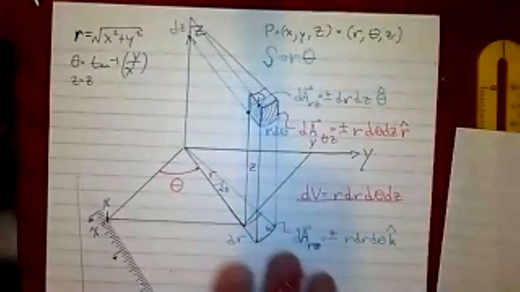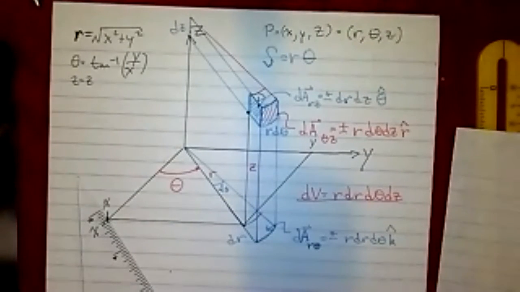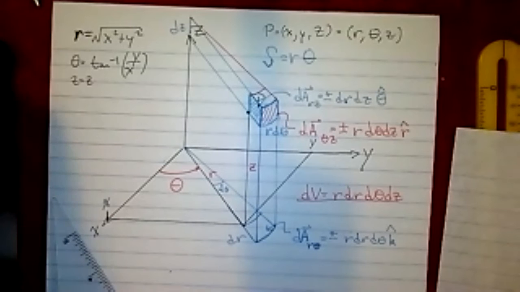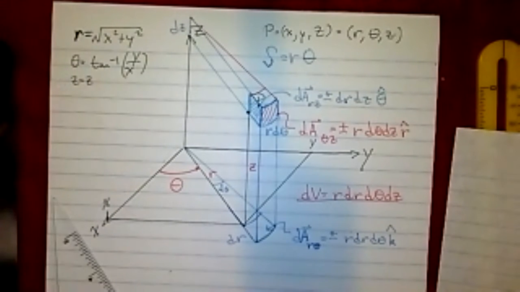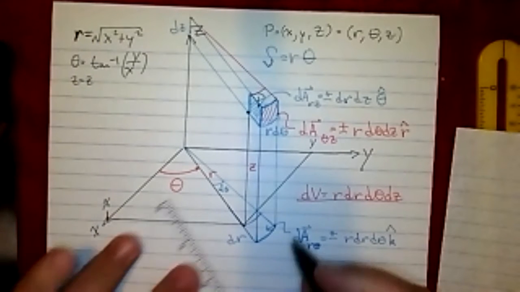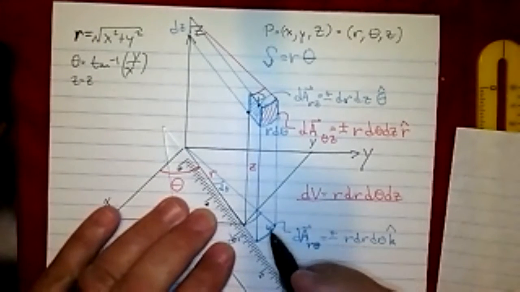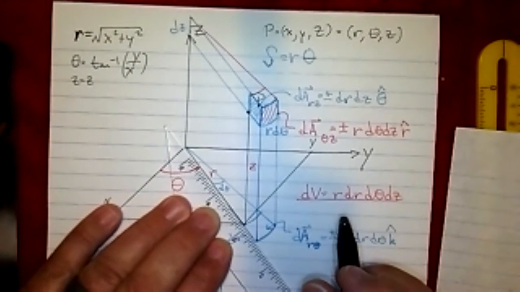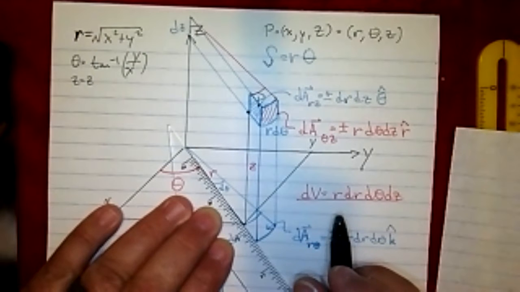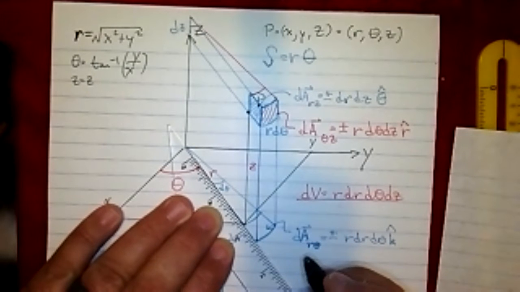Now we've got the dAs, we've got the dV. Now all I need to do is work out the actual unit vectors. So what I'll do is I'll use my black pen, and remind you that r hat will point in the direction of increasing r, just like i hat pointed in the direction of increasing x, and j hat pointed in the direction of increasing y, and so on and so forth.